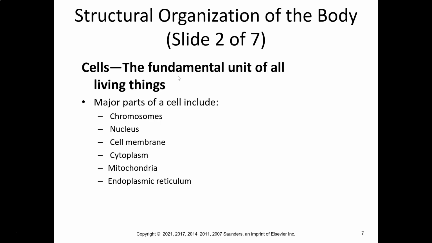So cell is the fundamental unit of all living things. Major parts of the cell include chromosomes. Remember, you have 46 chromosomes, 23 from mama, 23 from papa. Nucleus is like the brain of the cell. Cell membrane, I like to call that the bouncer of the cell. It lets certain things in and actually lets certain things out.